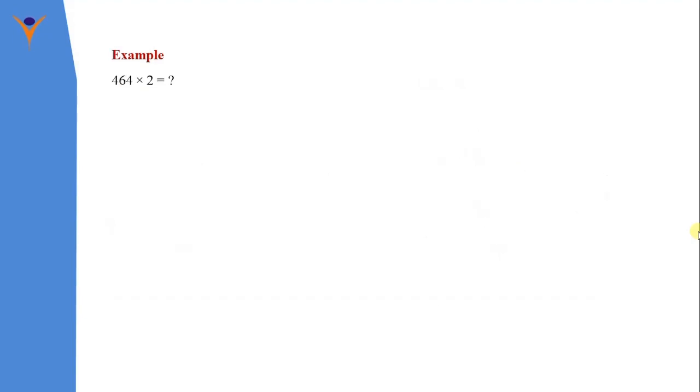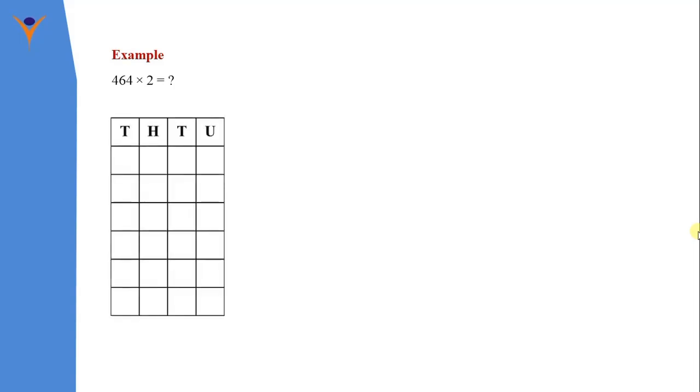Okay. Then finally, our last example, I believe, is 464 times 2. Let's see. We're using the table now. 464 times 2. 2 times 4 is 8. 2 times 6 is 12. 2 times 4 is 8. Good. We can still put placeholders.